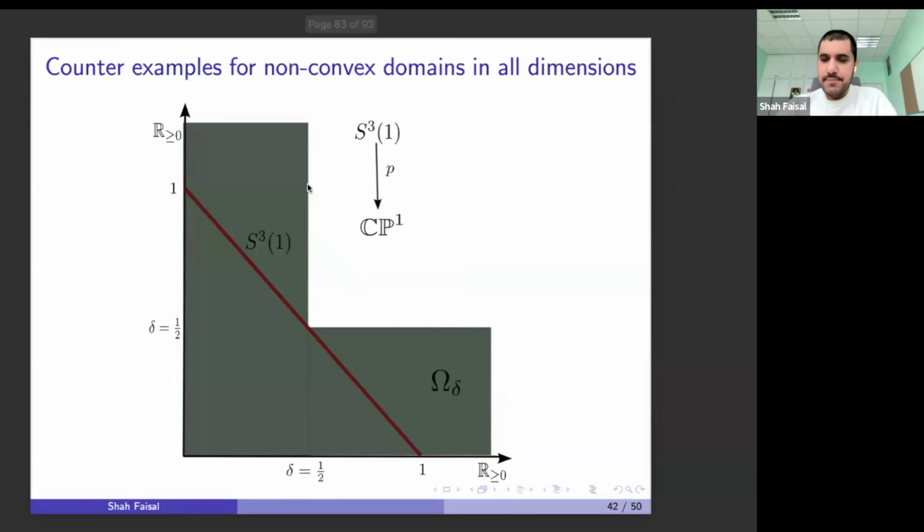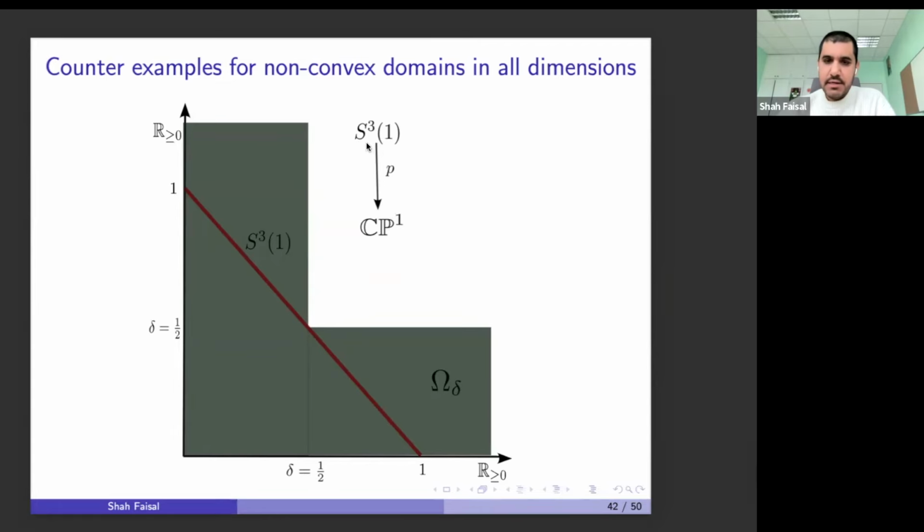Okay. Next, I want to give an example where the conjecture fails to hold. So I consider this non-disjoint union of cylinders of width 1/2. Next, I consider S^3, which I think of as the boundary of the ball of capacity 1. In this picture, it's this red line.